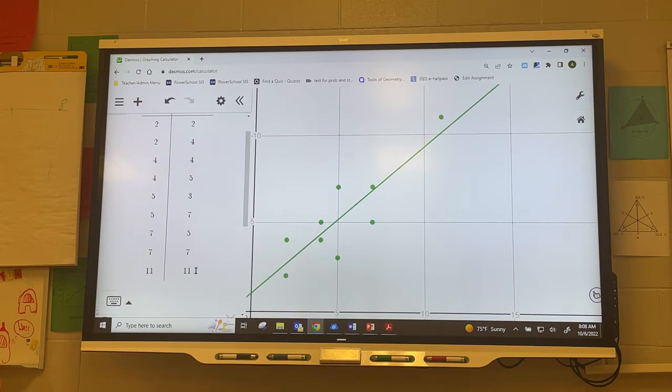It may not be uniform, meaning they won't always be increasing by the successive number, but there is an increase and a pattern can be seen. So right here, we see that the direction is positive as it's trending upwards.